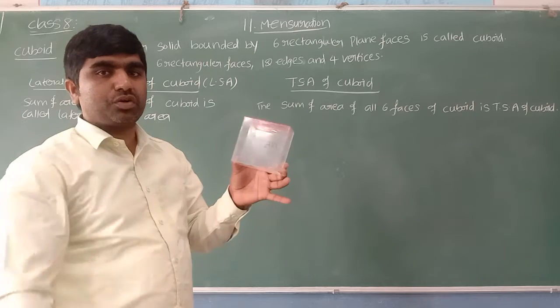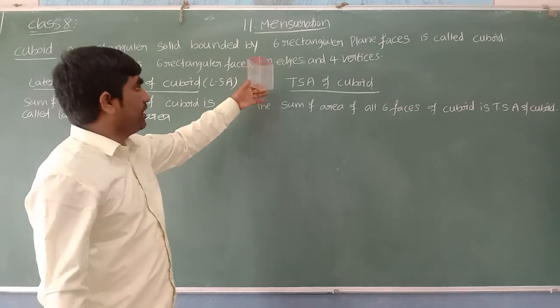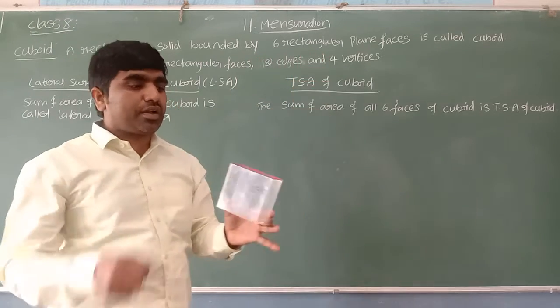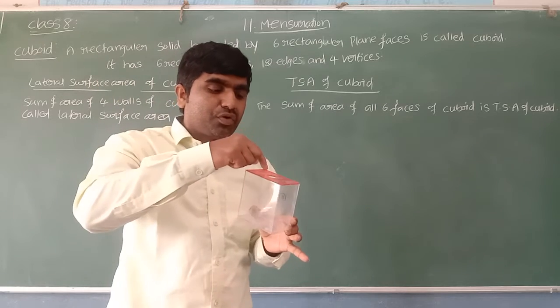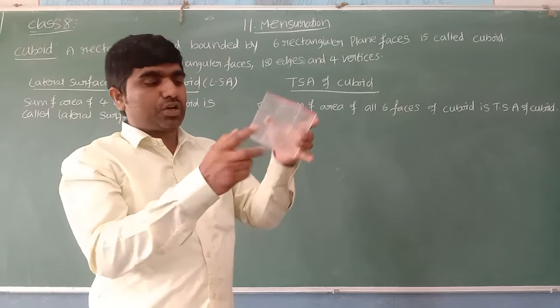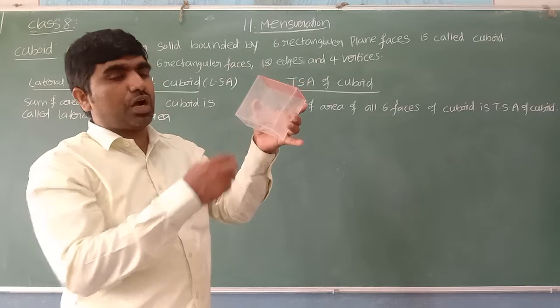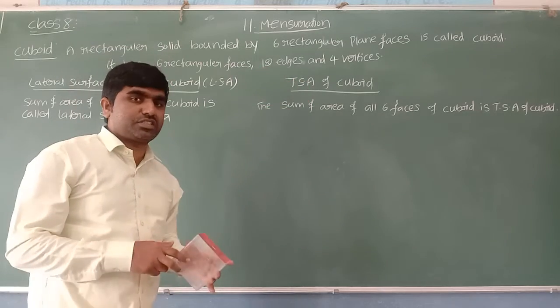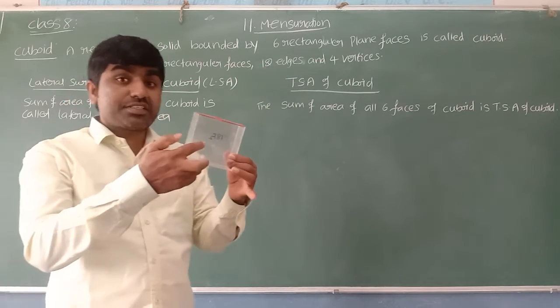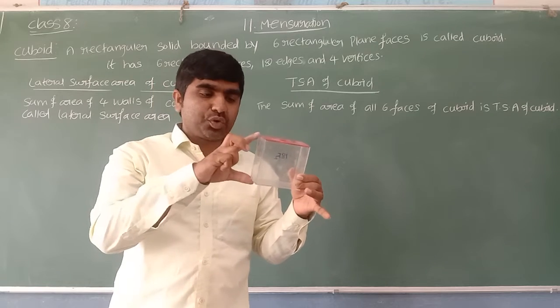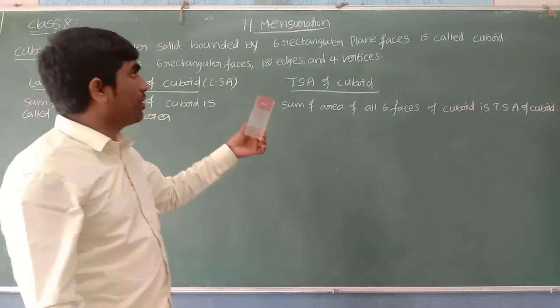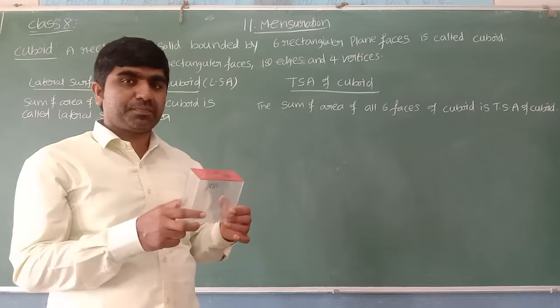Laterals 4, 12. Total 12 edges. How many corners? Top 4 corners, bottom 1, 2, 3, 4. Altogether 8 vertices. It has 6 rectangular faces, 12 edges and 8 vertices.